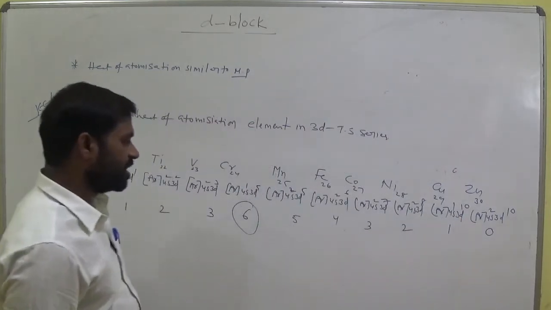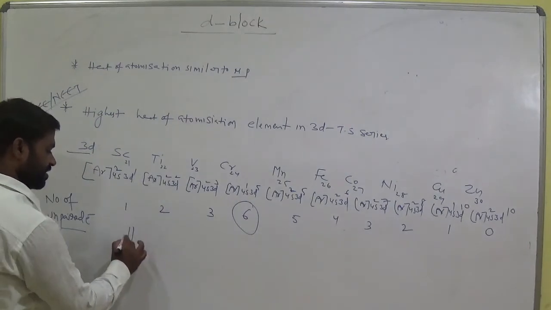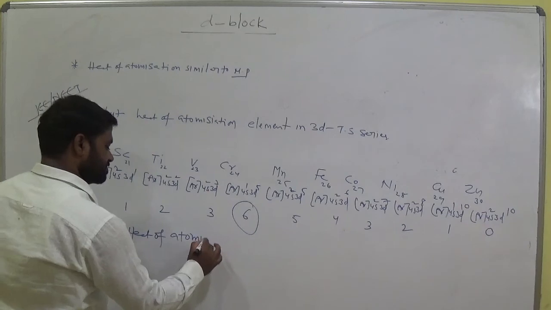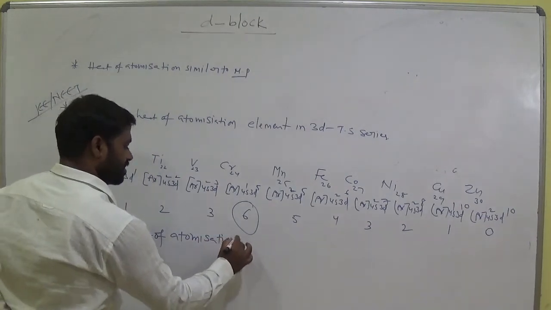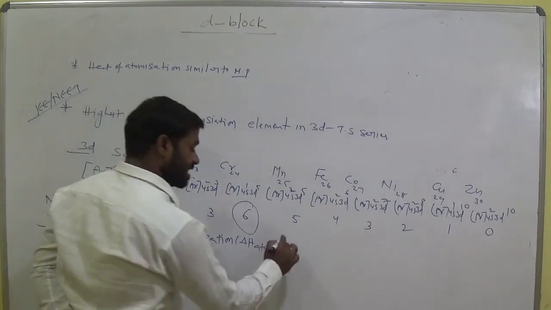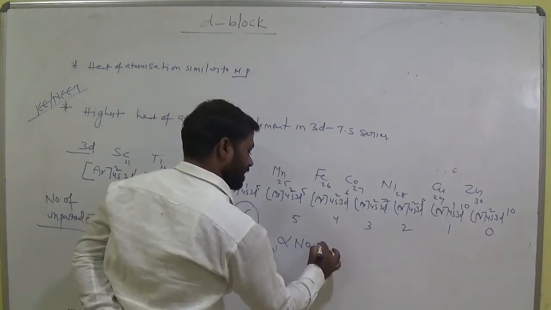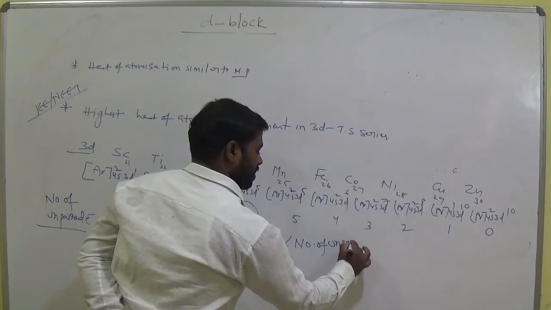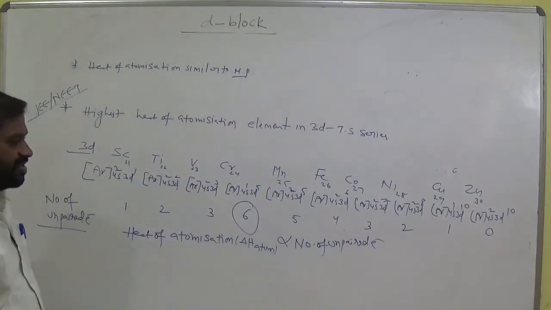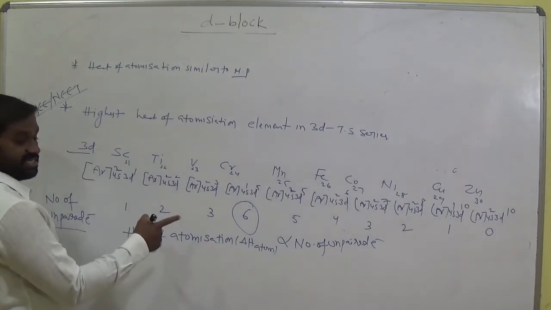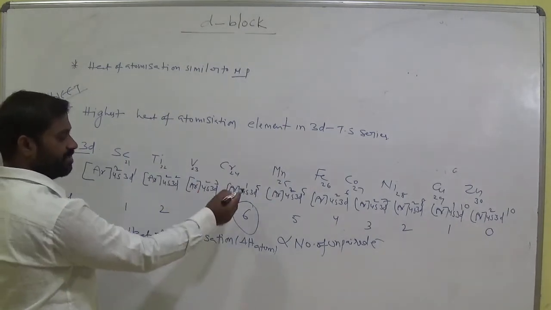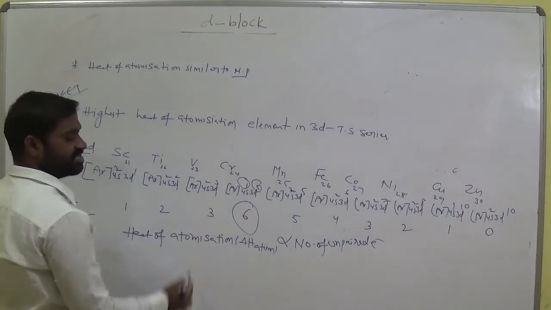Okay, so heat of atomization, that is delta H atom we represent, is directly proportional to number of unpaired electrons. So in which case in this series has maximum number of unpaired electrons? Clearly in chromium, here it is 1 in S, in D 5, 6 electrons.